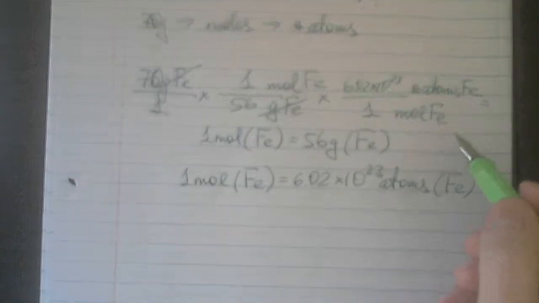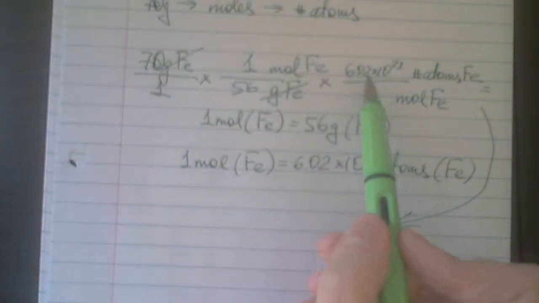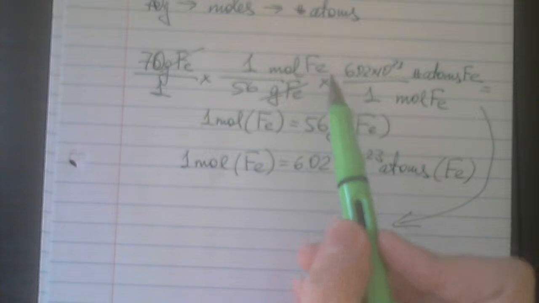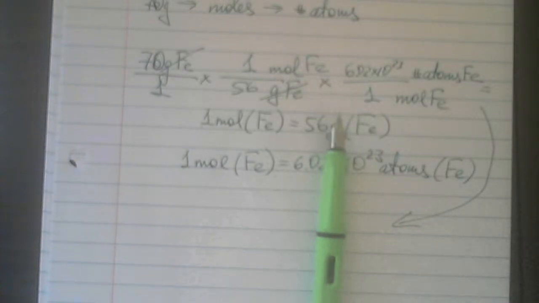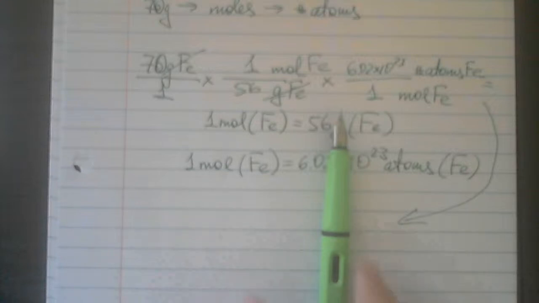Now I will scoot it over a little bit and show that I take all the numerators and multiply all the numerators to get the number, and unfortunately I need to fetch my calculator. Okay, so 70 times 6.02.